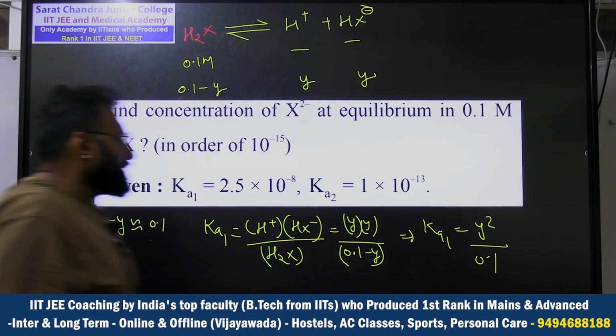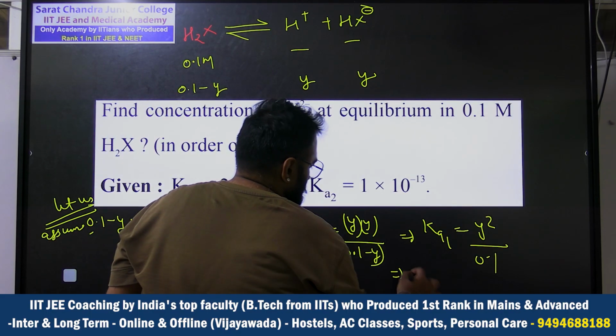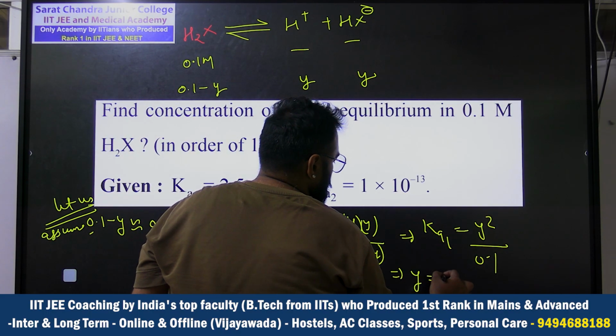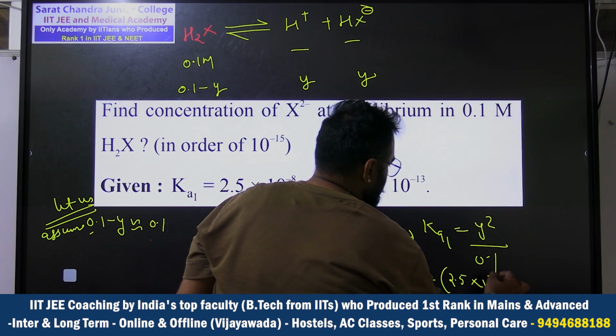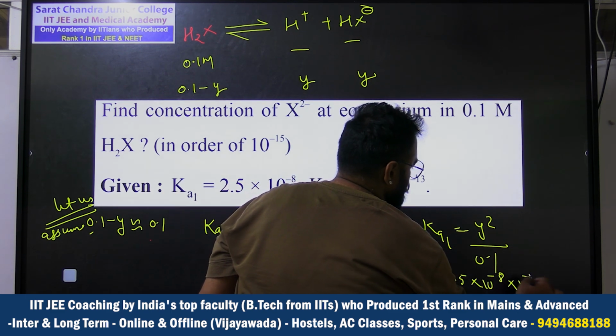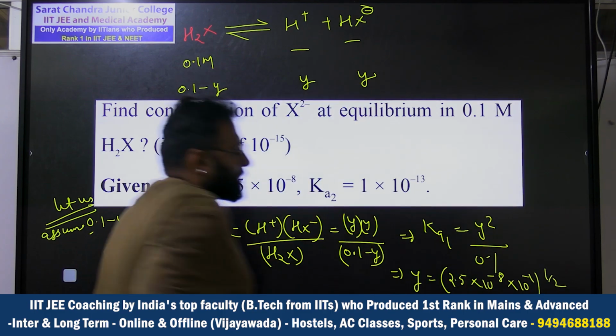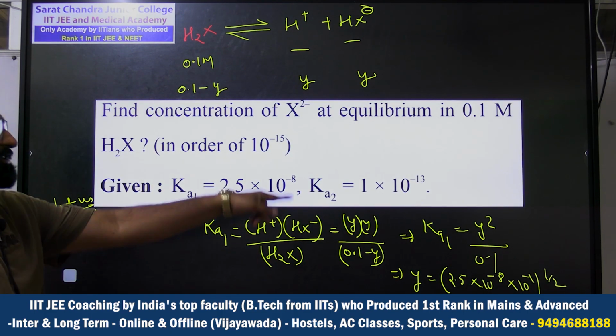Now what is Ka1? y is equal to the square root of 2.5 into 10 to the power minus 8 into 10 to the power minus 1. Correct. We have to solve this.